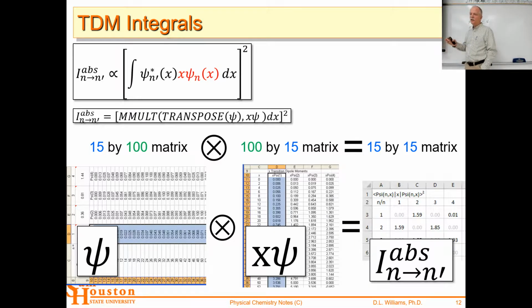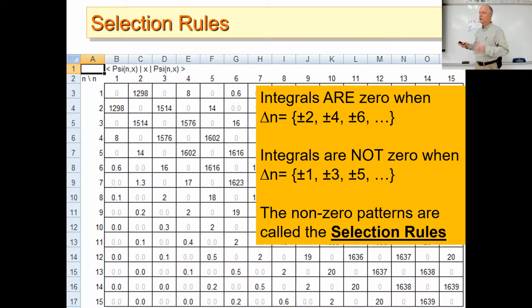This is the intensity or the transition dipole moment integral for the absorbance, and it's all 15 transitions to all of the other 15 states that are possible. So this is 225 integrals done with just 3 keystrokes, Control Shift Enter. That's fantastic. This is what we see with the transition dipole moment result matrix.